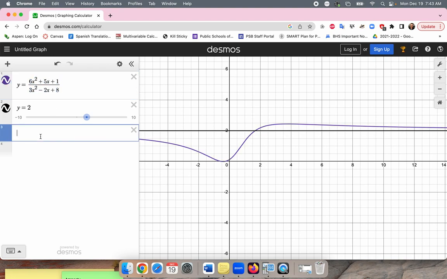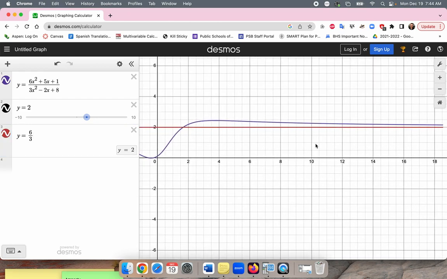They're both degree 2 polynomials, so you will have a horizontal asymptote, and that horizontal asymptote will occur at the ratio of the lead coefficients. So the lead coefficient of the numerator is 6, the lead coefficient of the denominator is 3, so 6 over 3 is 2.